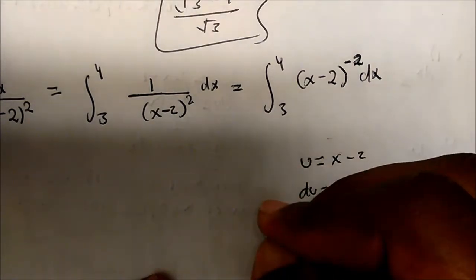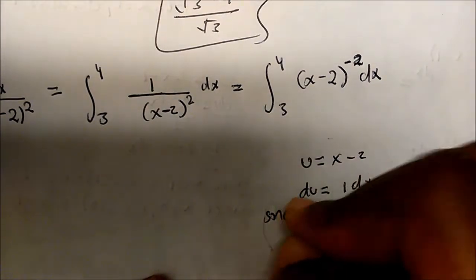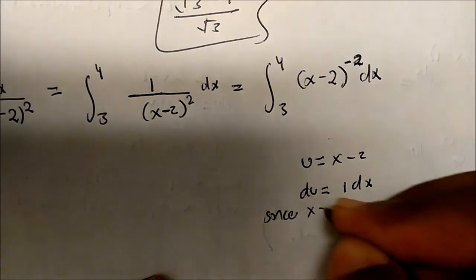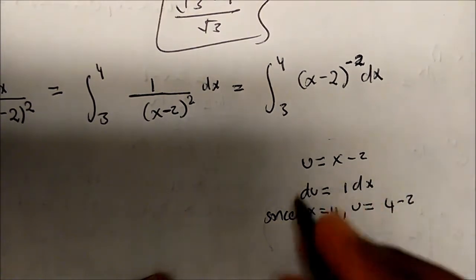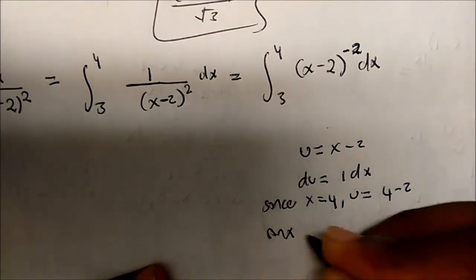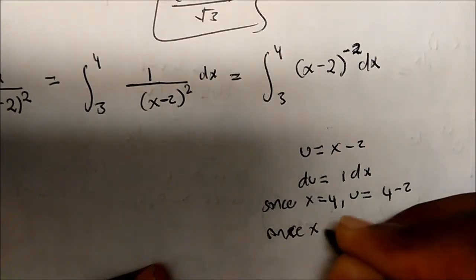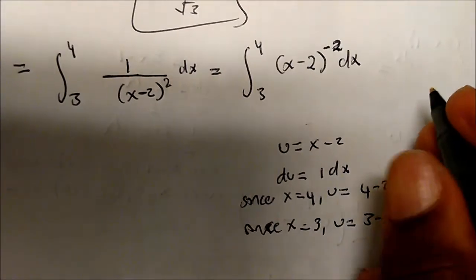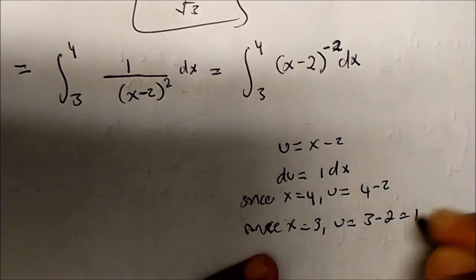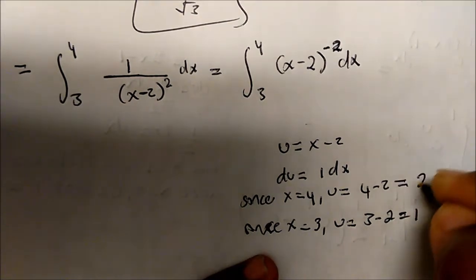So again, I'm going to use my rationale. Since x is equal to 4, then u has to be equal to 4 minus 2, and since x is equal to 3, then u has to be 3 minus 2. And that is just equal to 1, and this is just equal to 2.